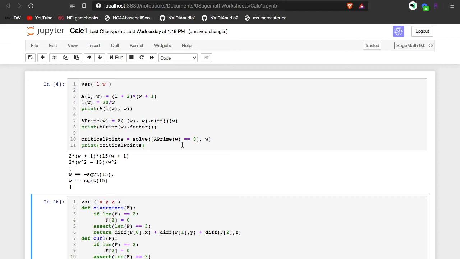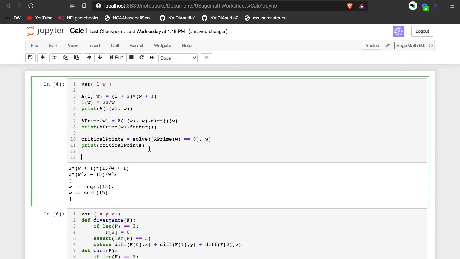There. And in this case, what we see is that, yes, the W value that we get is plus square root of 15 and minus the square root of 15.